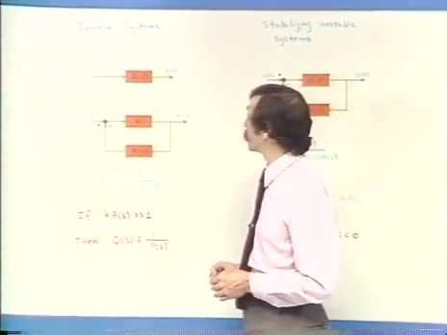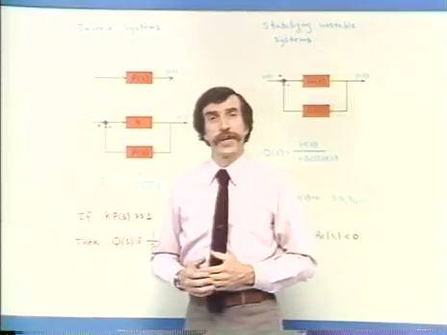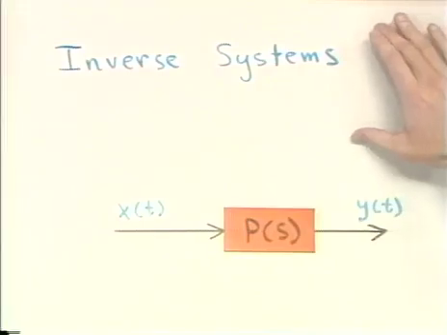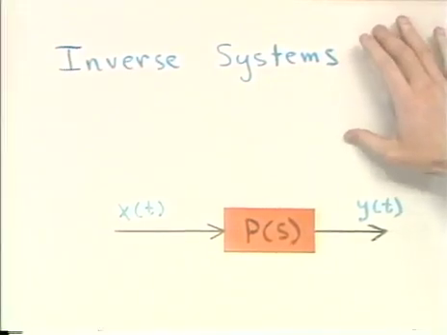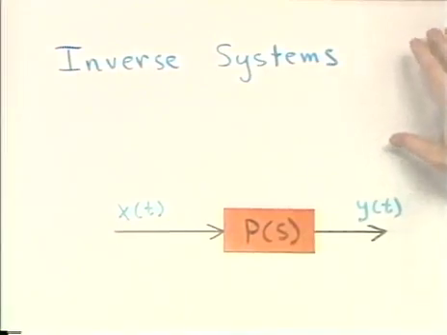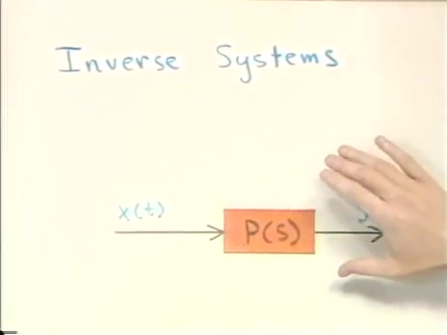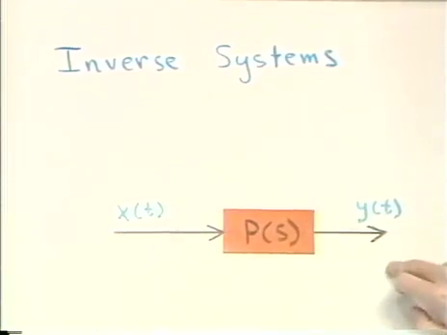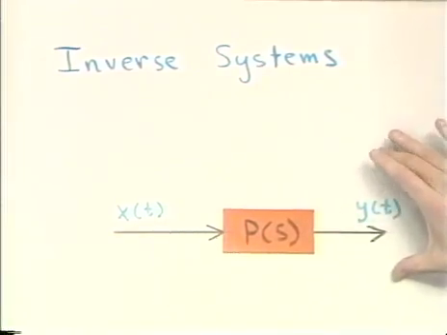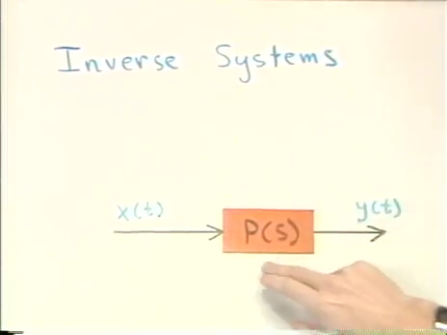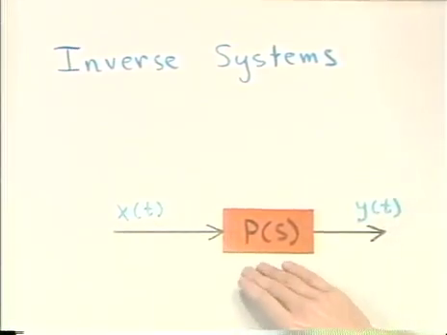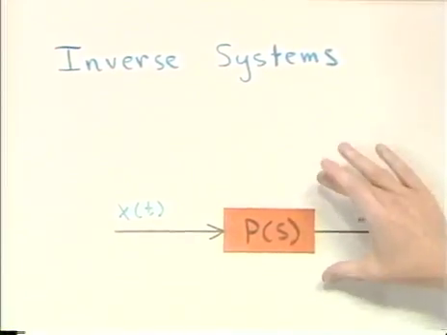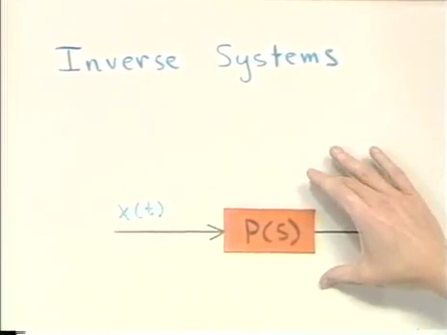All right, so that's one common example of feedback, and feedback in fact is very often used in high quality amplifier systems. Another very common example in which feedback is used is in implementing inverse systems. Now, what I mean by that is, suppose that we have a system, which I indicate here, P(s), input and output, and what we would like to do is implement a system which is the inverse of this system, namely has a Laplace transform or system function which is 1 over P(s).